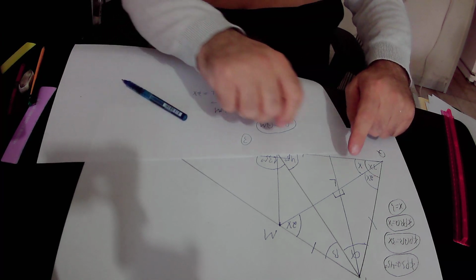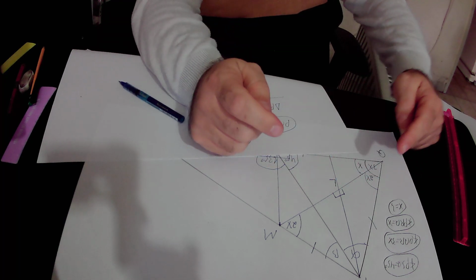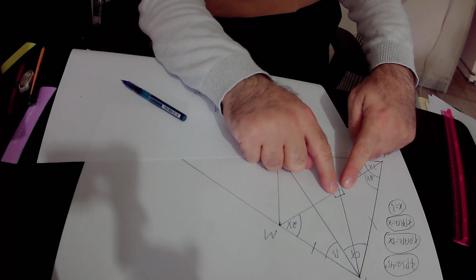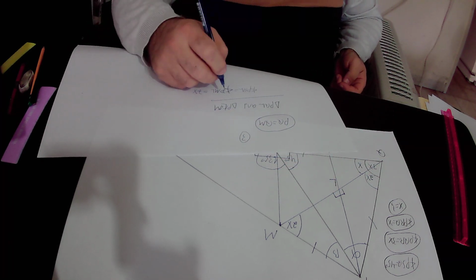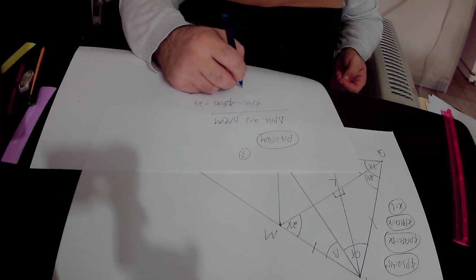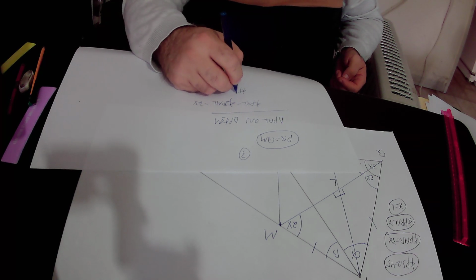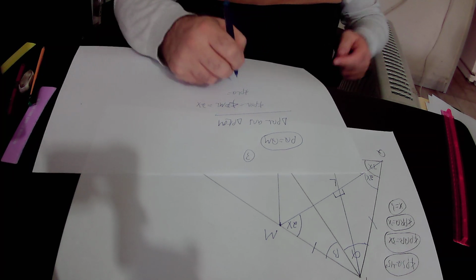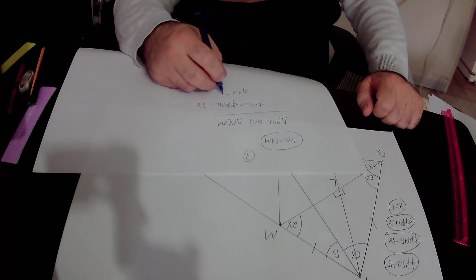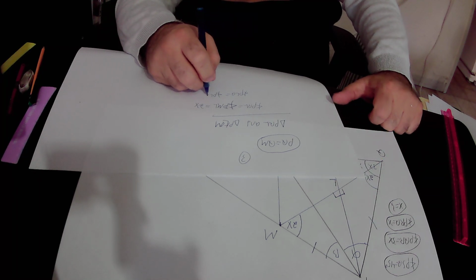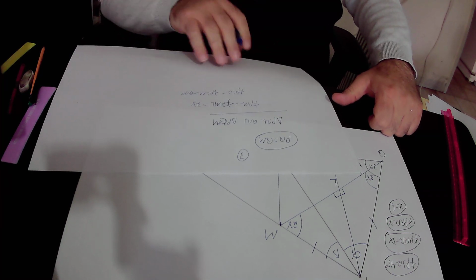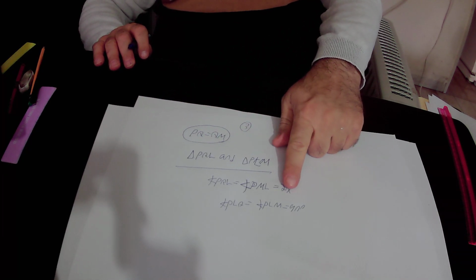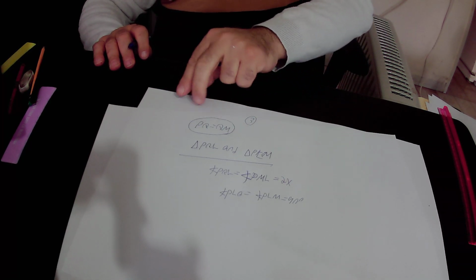We just drew a perpendicular to QM, so those two angles are right angles, equal to each other. So angle PLQ equals angle PLM equals 90 degrees.